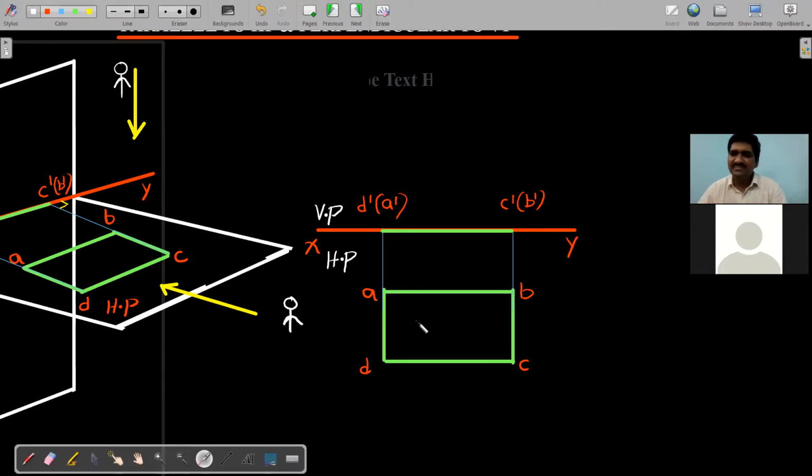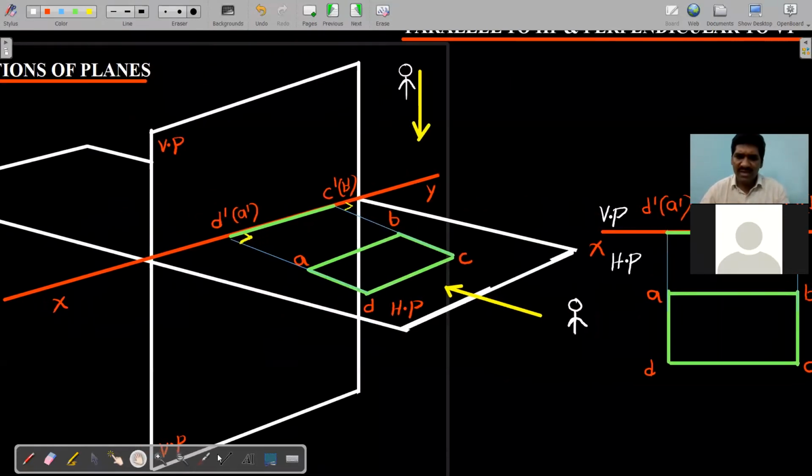But what about the short sides? This is perpendicular to XY. Means what? Just now I told. This is parallel to the horizontal plane and perpendicular to HP. Perpendicular to VP. Check all of you. Just see this side, how the shortest side is.